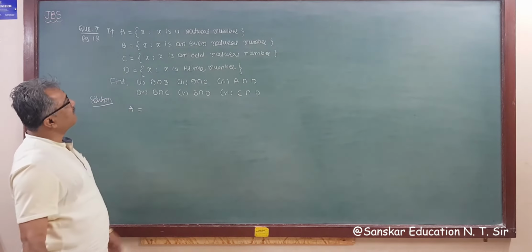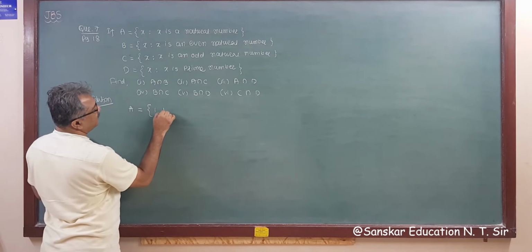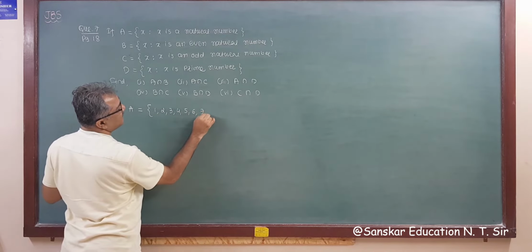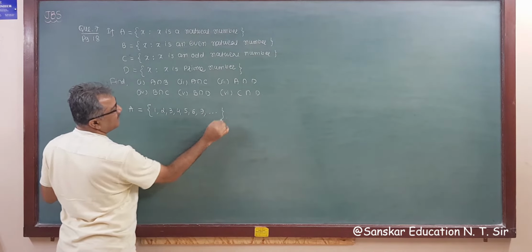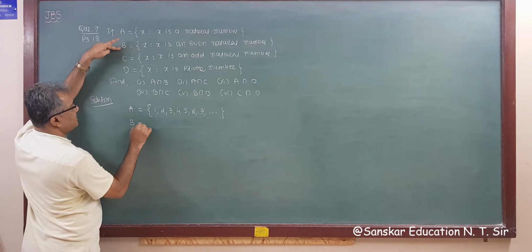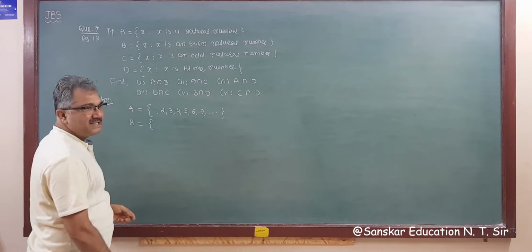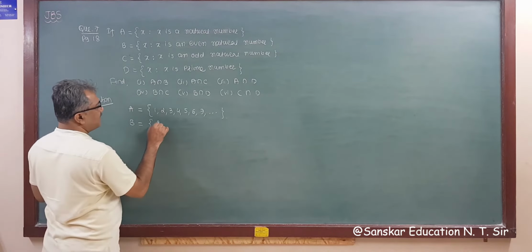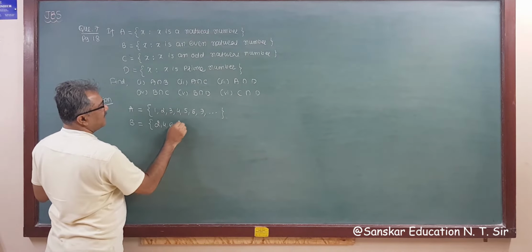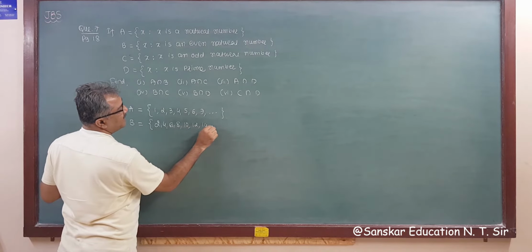Set A is a set of natural numbers that we know contain 1, 2, 3, 4, 5, 6, 7, and so on. This is the set A. Right? Now set B. Set B is X is an even natural number, which means the even natural numbers are 2, 4, 6, 8, 10, 12, 14.